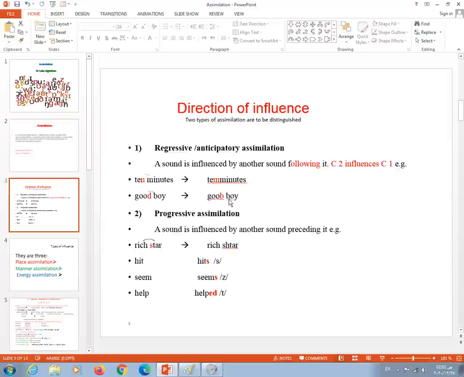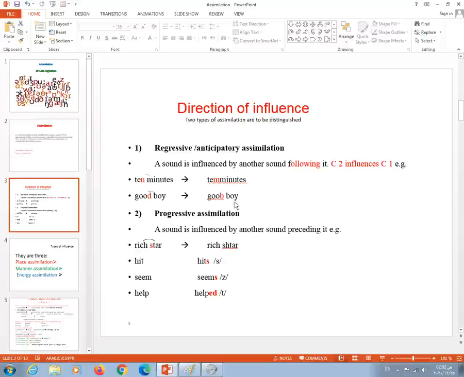So b in boy affects d in good and makes it assimilate to it, become actually identical. So C2 affects C1. What sort of assimilation is it? It is regressive assimilation, backward assimilation.